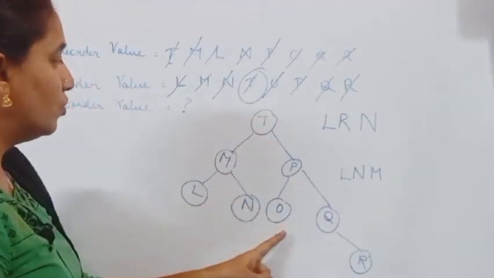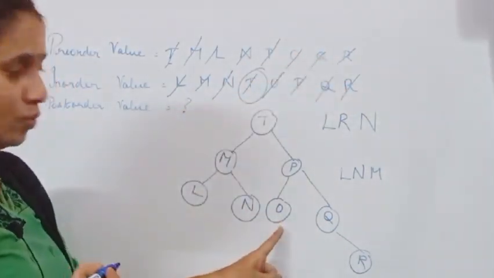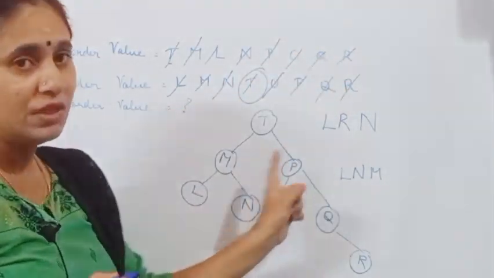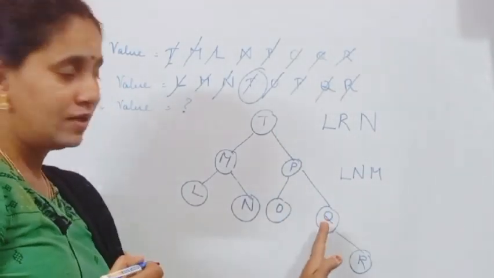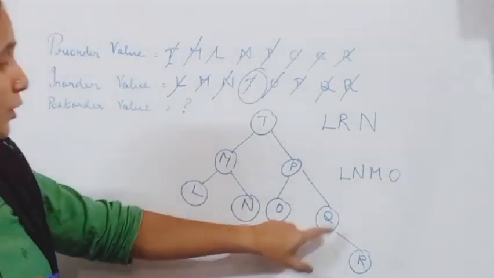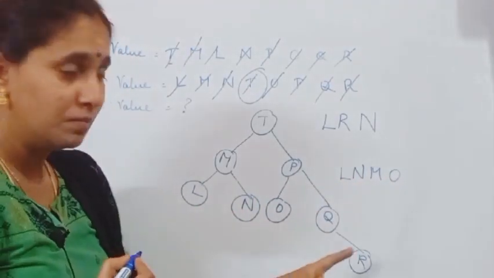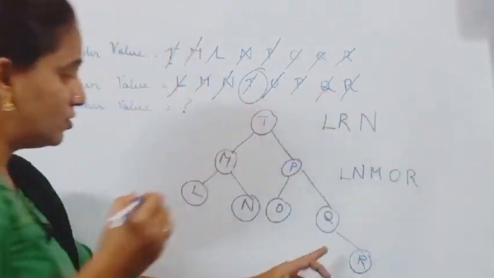So now move on to this side. So right side, if you see, O. Okay, so root, this is not empty, this is a subtree. So O, okay, then on the right side I should write O, then Q, but Q is not empty, it has a subtree. So move over here, so R, because left is empty.